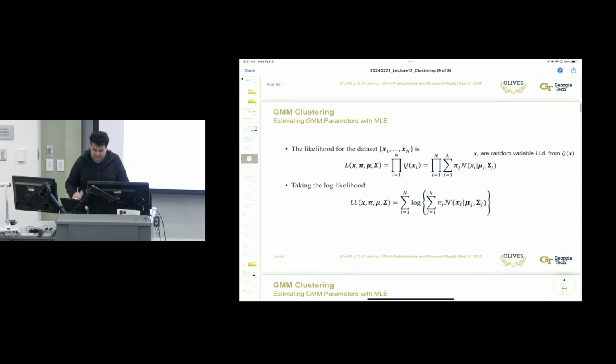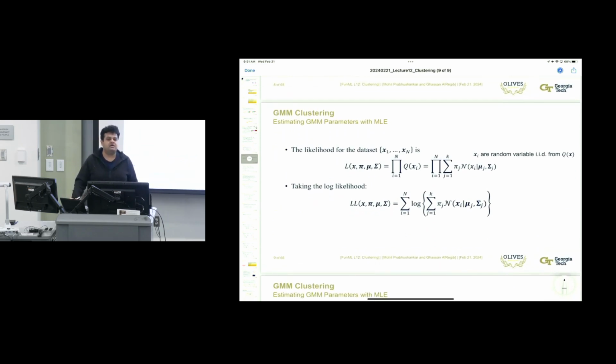The way we do it is very simple. We start off by making the same naive Bayes assumption that we had before, which is that it is independent in terms of cluster membership. It could belong to cluster 3 or cluster 1, or it could belong to cluster 3 and cluster 2, and all of them are equally likely. It's not like each of the clusters is dependent on the other clusters, which may not be true.